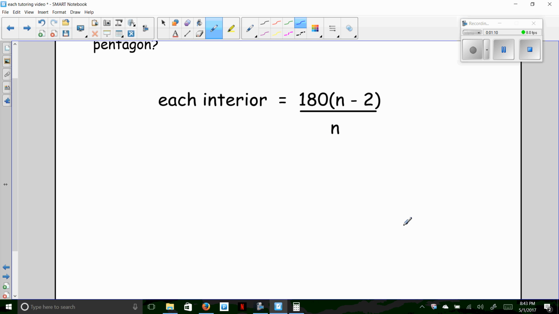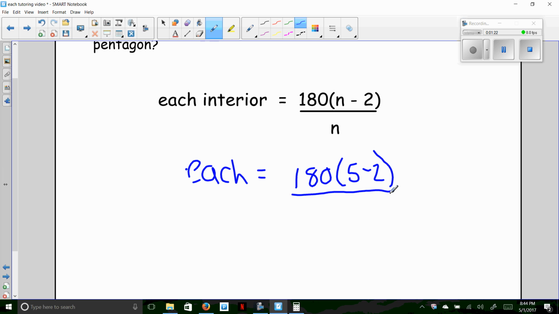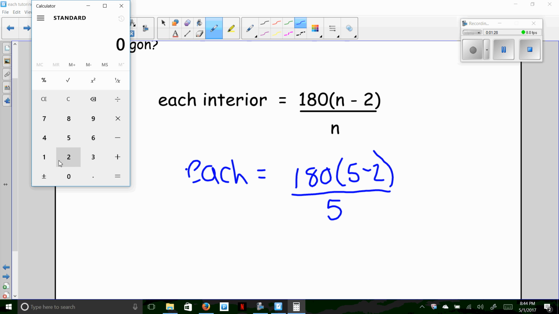Okay, so each, and we're going to put in our 5s for n. Got to put it on top and bottom. The top is 180 times 5 minus 2, which is 3.